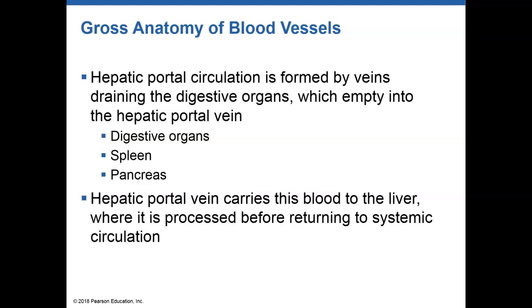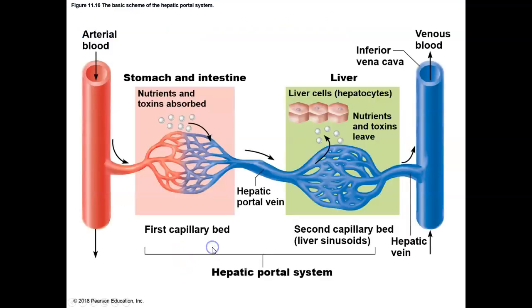So a hepatic portal circulation is formed by those veins that drain the digestive organs, and then they empty into the hepatic portal vein, which carries the blood to the liver, where it can then be processed. All the nutrients can be taken out, and then the hepatic veins take blood from the liver and empty into the inferior vena cava. So we're not losing all of that extra nutrients.